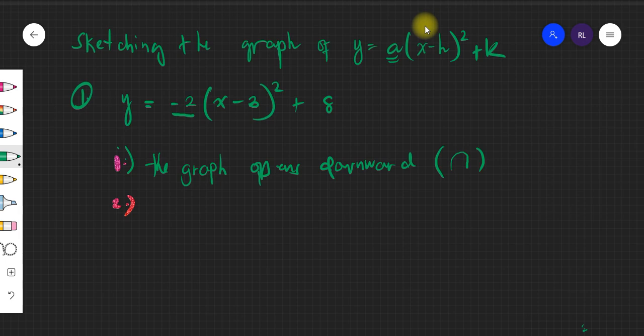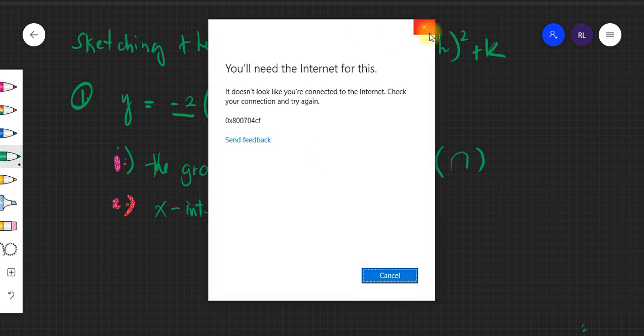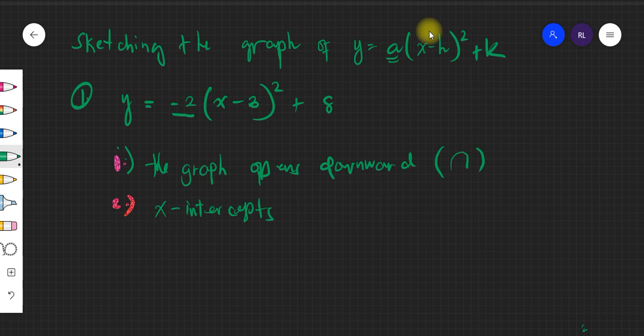So that's our first expectation for this graph. Next important feature is the x-intercept. When we talk about x-intercepts, these are the points on the x-axis in which the graph touches or crosses.